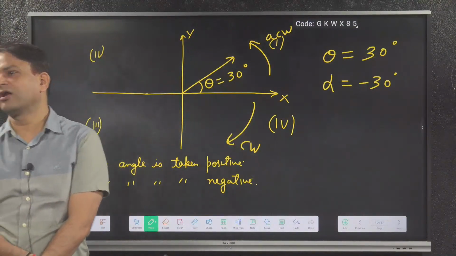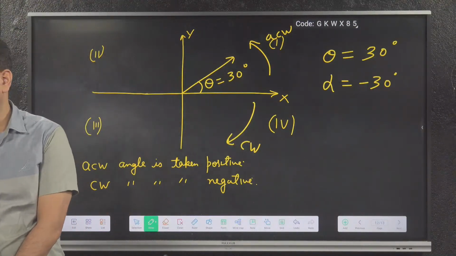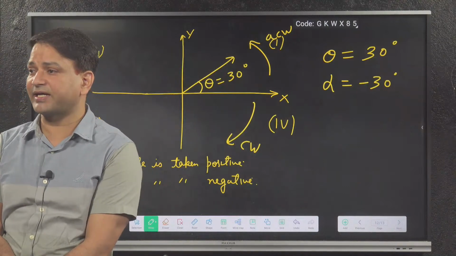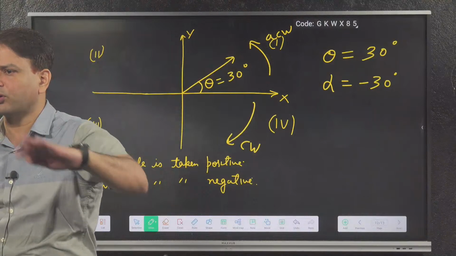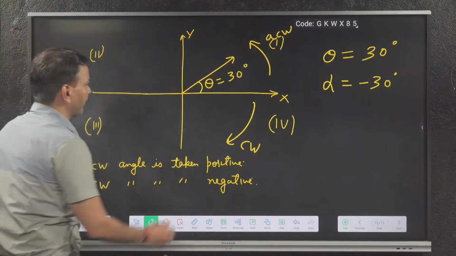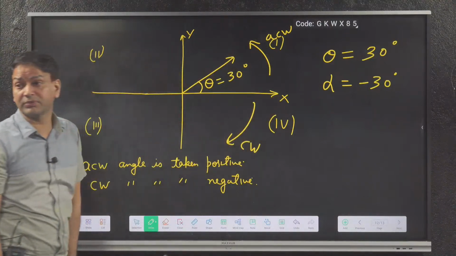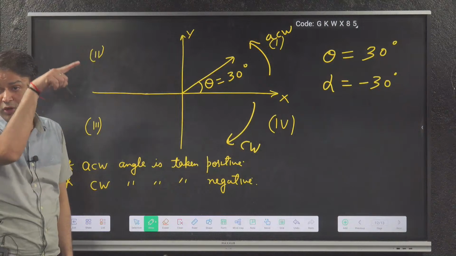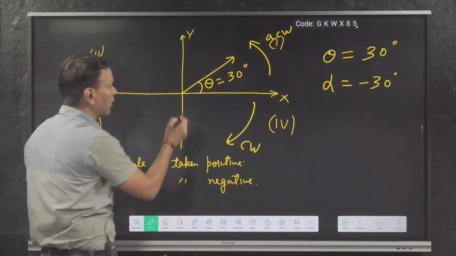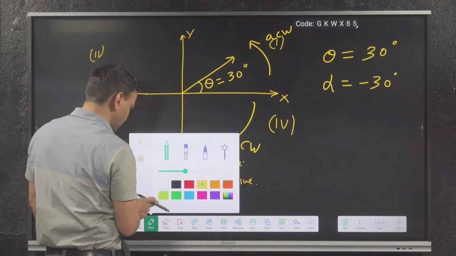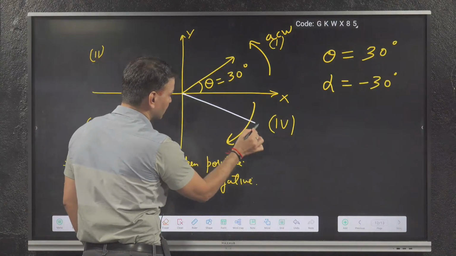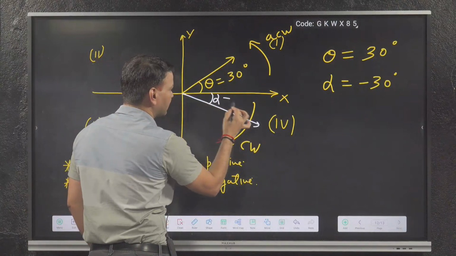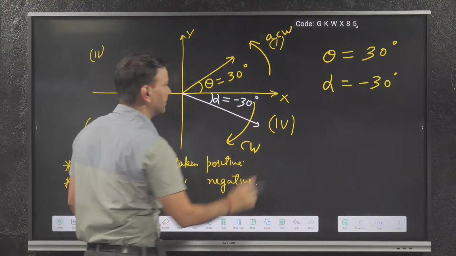Now alpha I gave as minus 30 degrees. The minus sign means it has to be measured clockwise. The reference will not change; the reference is the positive x-axis. So from the reference I have to go down 30 degrees clockwise, because I have written negative. So when you go clockwise you get alpha, and that alpha I write as minus 30 degrees.